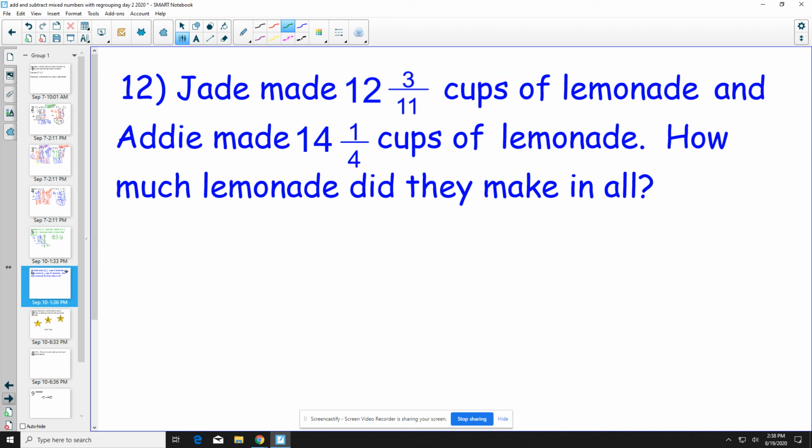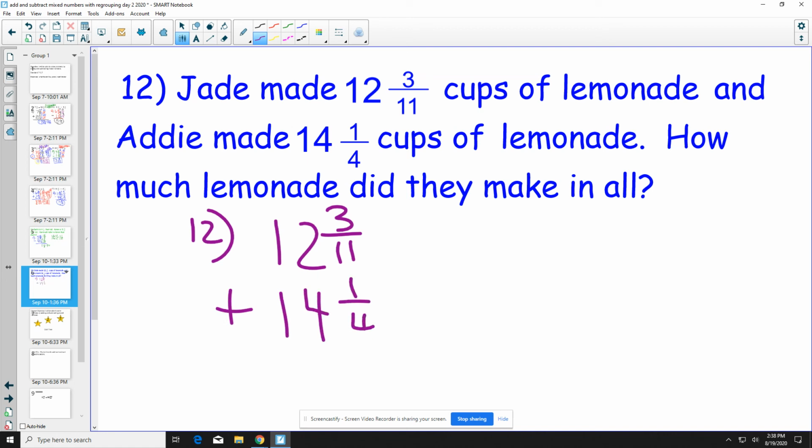Good. So when you add, it really doesn't matter what order you put your numbers down. If you want to put that 12 and 3/11 first, you can. Or you could put the 14 and 1/4 first. That's fine. Okay, right now I want you to try this on your own. After you write this down, click pause and then work it out. When you get done, hit play.